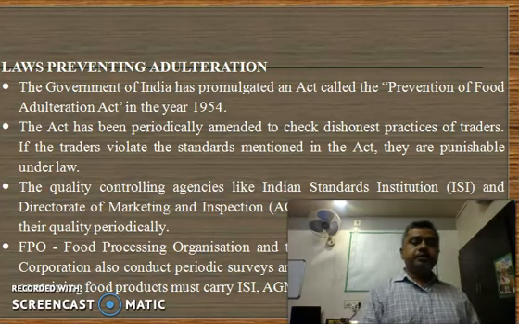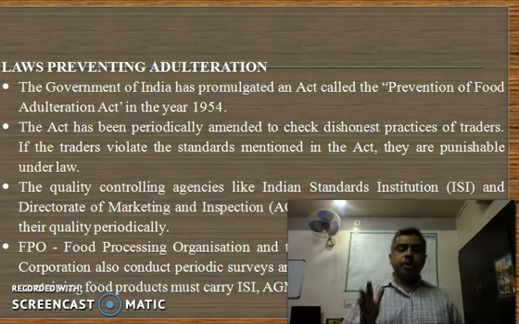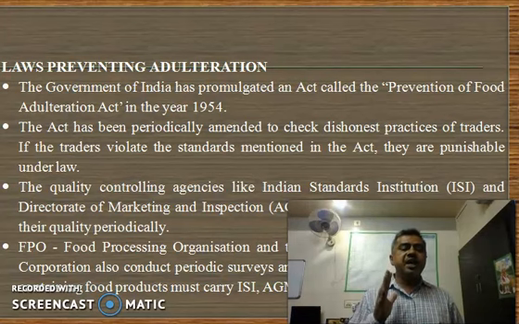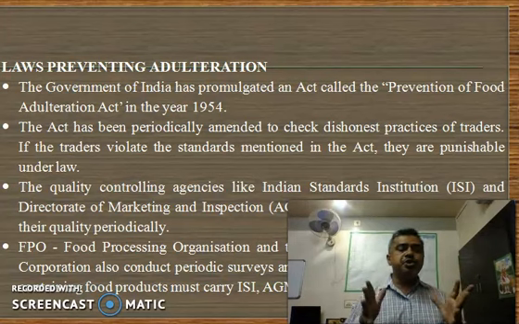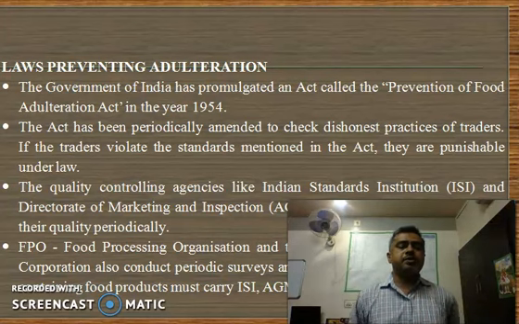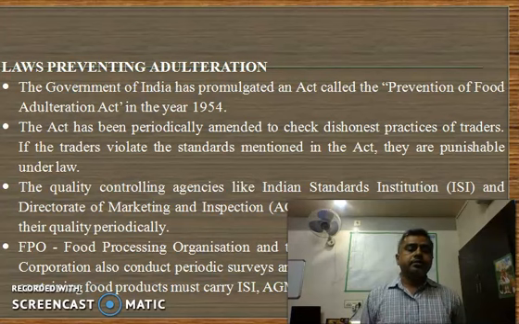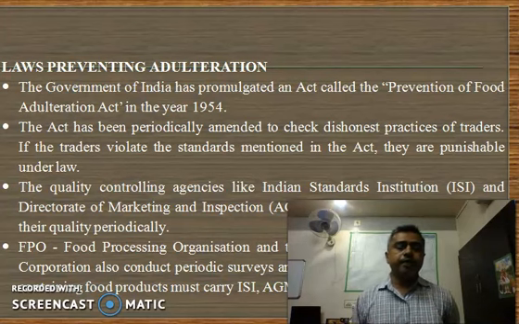The quality certifying agencies like ISI, now Indian Standards Institution, and the Directorate of Marketing and Inspection, that is agriculture based, for example Agmark, test food products for quality periodically.